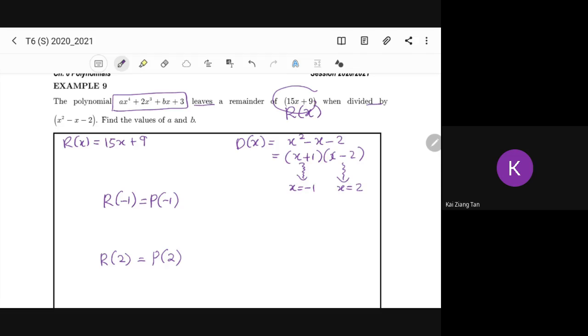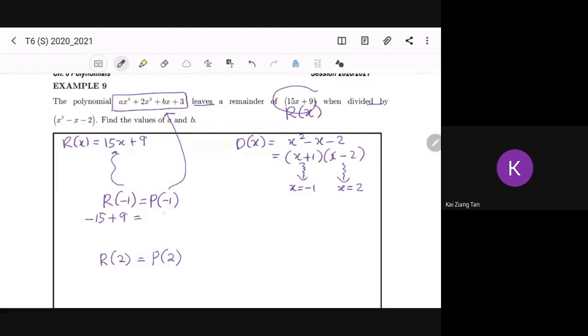Okay. So, R of negative 1, we substitute negative 1 into the remainder function. So, we will get negative 15 plus 9 equals P of negative 1. We substitute negative 1 into the polynomial.